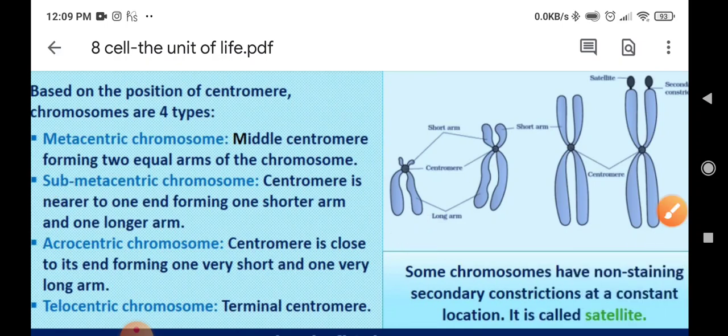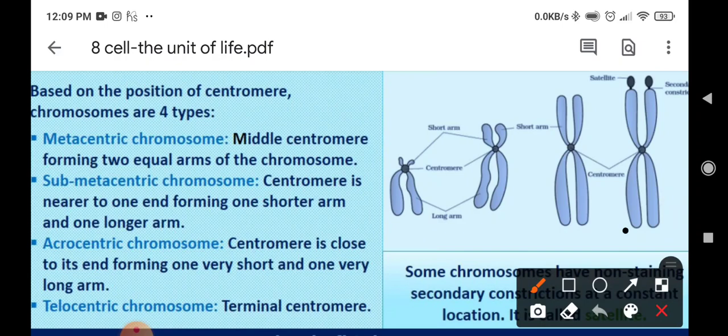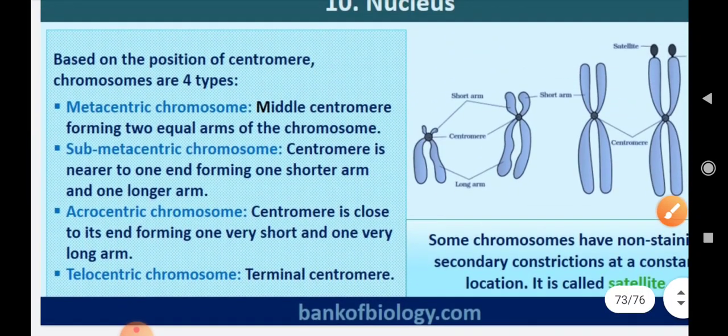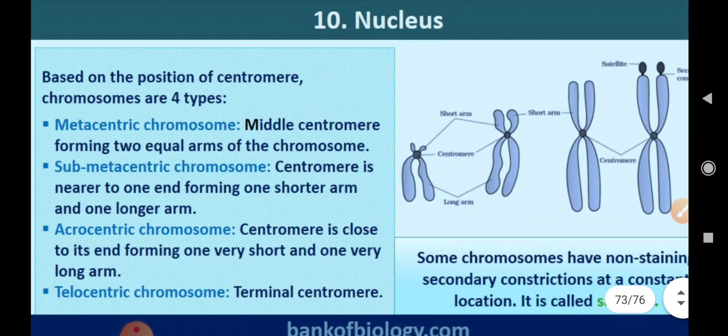So here you can see very clearly: metacentric, centromere in the center; submetacentric, a little away from the center; acrocentric, closer to the end, where one arm looks very short and one very long; and then telocentric, which is at the terminal end. So this is about the position of the centromere.